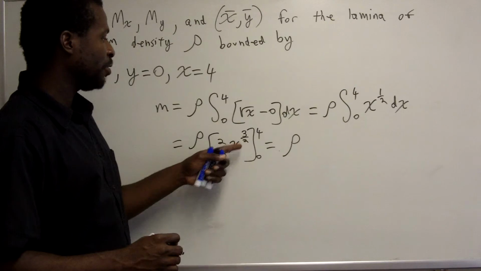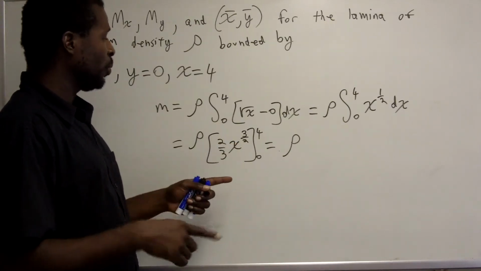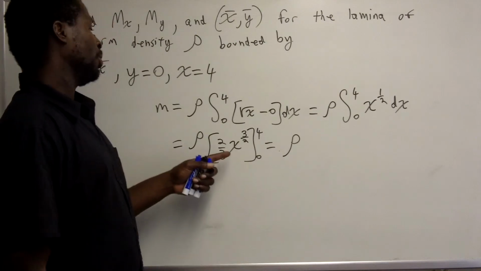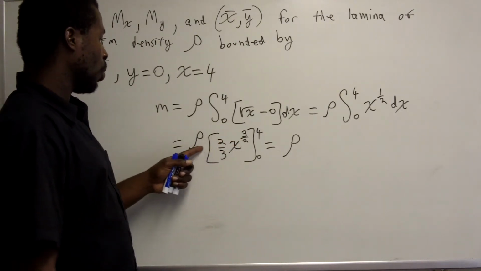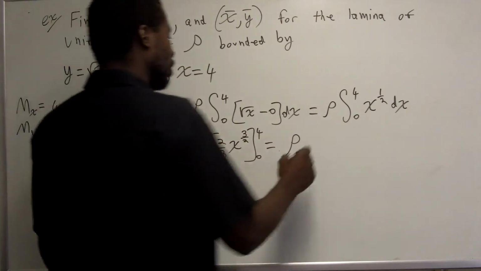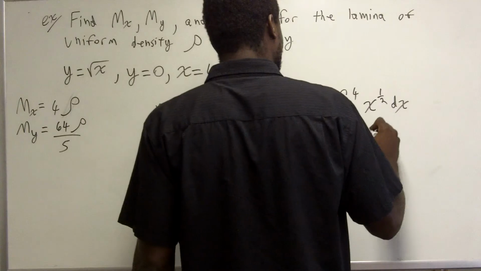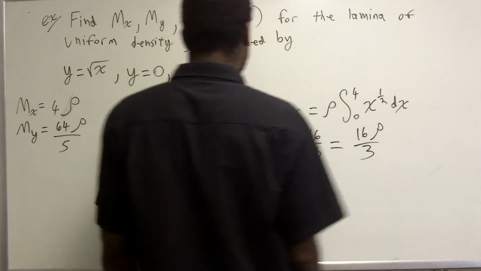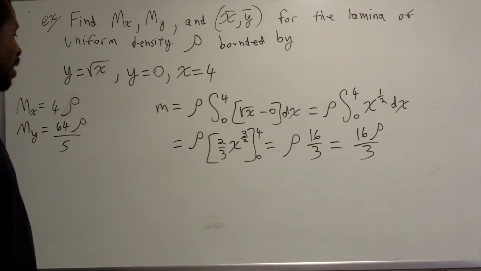Well, 4 to the 3/2 power is the square root of 4 cubed. The square root of 4 is 2. 2 cubed is 8. So this gives me 8 times 2/3 rho. 8 times 2/3 is 16/3 rho. So this is 16 rho over 3. So there I have my mass.